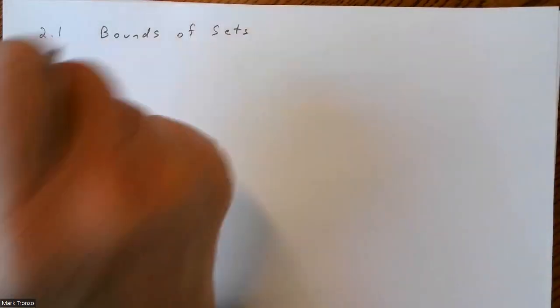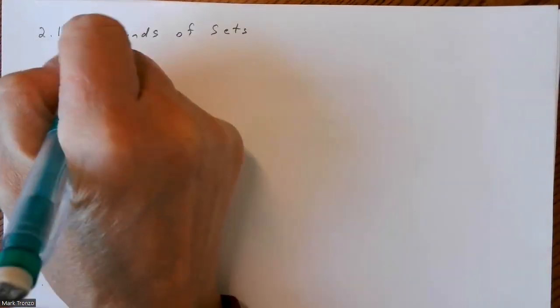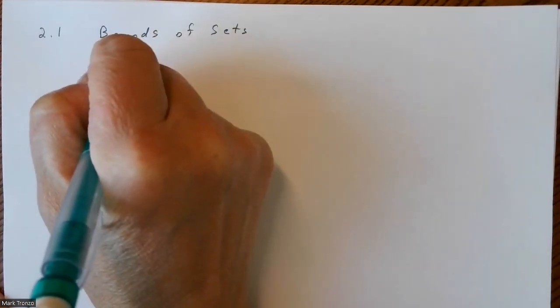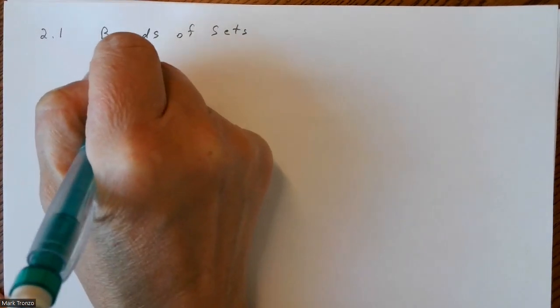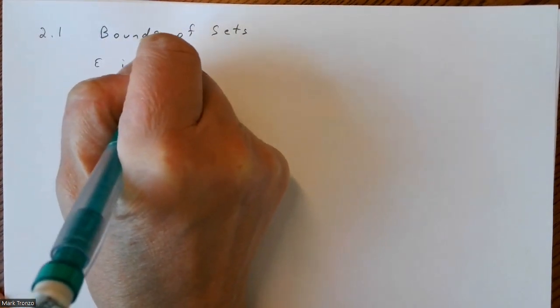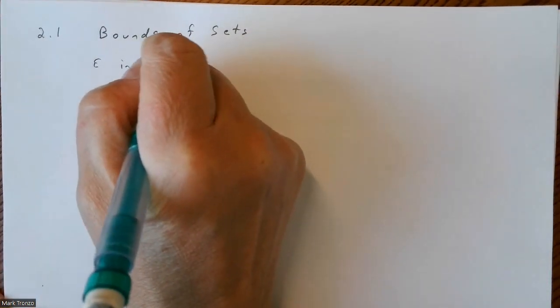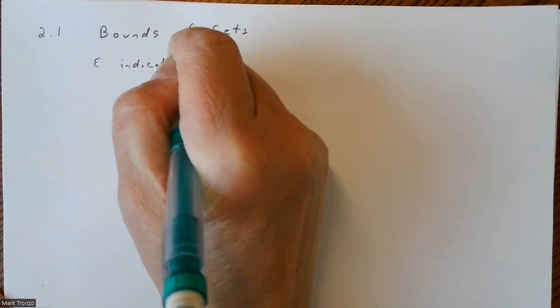Okay, today we're going to talk about bounds of sets. And one thing we're going to need to mention, you've seen this probably a little bit before, is sometimes you'll see the epsilon, and epsilon usually indicates a very small number. Now, it doesn't have to be, but usually that's what it is.